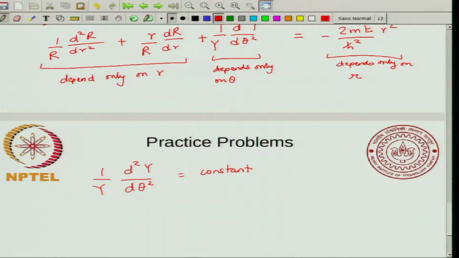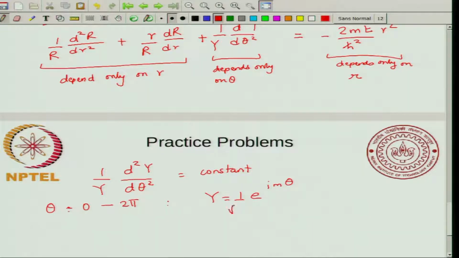spherical harmonics. Since theta goes from 0 to 2 pi, we can write this in the following form: y is equal to e to the i m theta, and there is a factor of 1 by root 2 pi, but I won't bother with that.